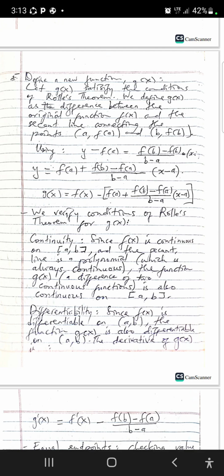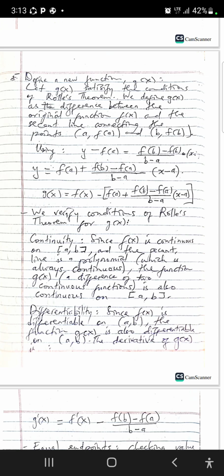Okay. Then what are we saying about continuity? We are saying since f of x is continuous on the closed interval. So if the brackets are square, then it is a closed interval. And the second line is a polynomial. So remember one thing, all polynomials are continuous.